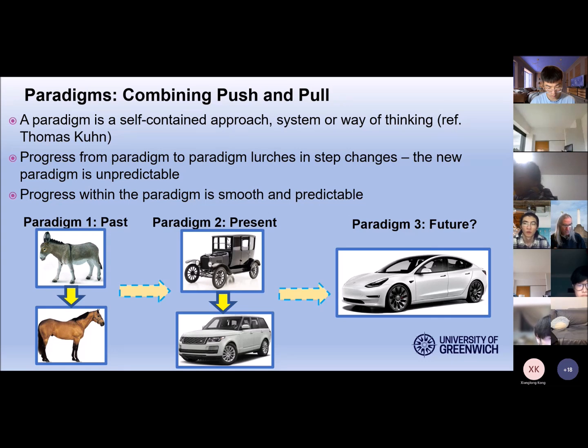And then when the new push comes along, technological push, it involves a jump to a new paradigm. And the new paradigm is unrelated to the old paradigm. It's a whole new way of doing things. And because of that, the two paradigms can actually coexist. So the old paradigm is simply not as useful, and it starts to go out of fashion, but it may not die completely.